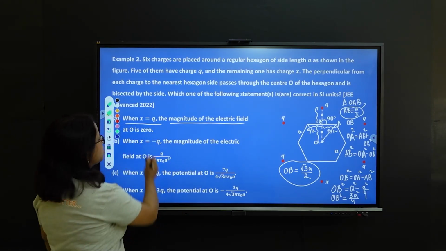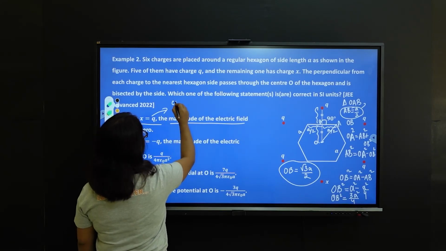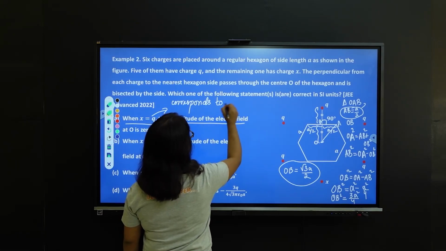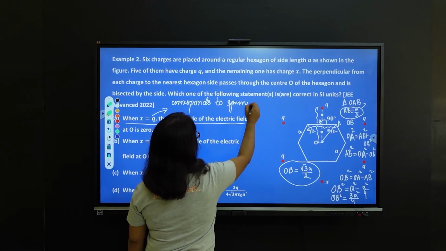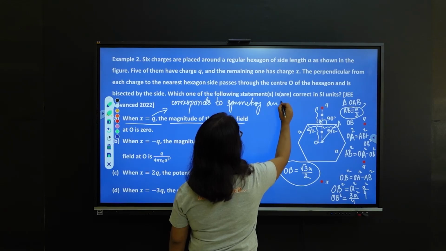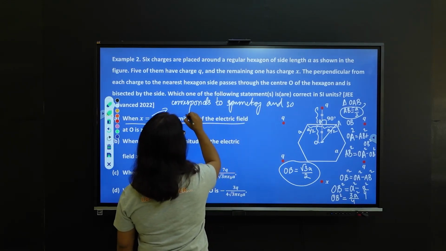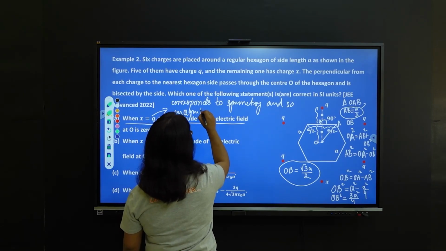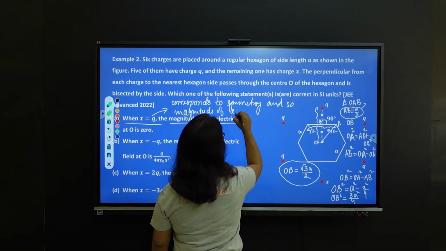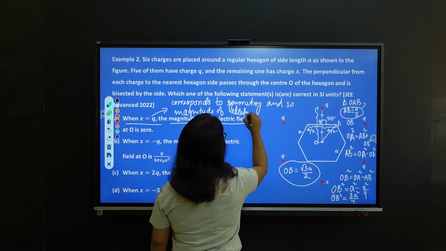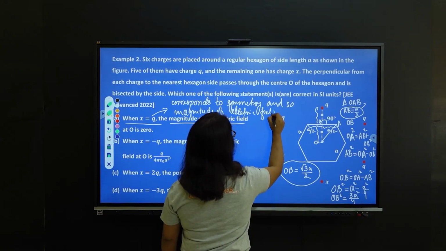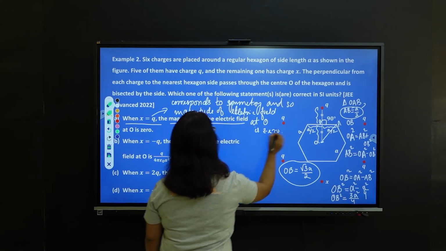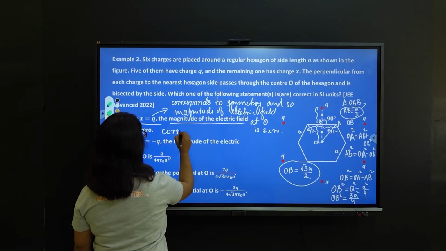So x equals q basically corresponds to symmetry, and so the magnitude of electric field at O is 0. So we see that the first statement is correct.